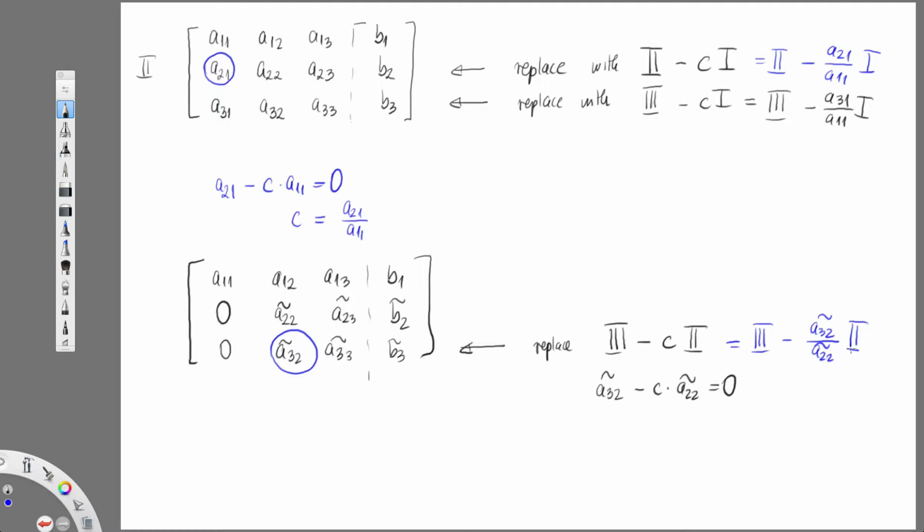Do we see similarities? Could you see yourself programming this using a for loop? I start from the first position in the for loop, and I keep going with all of the rows below that first one.